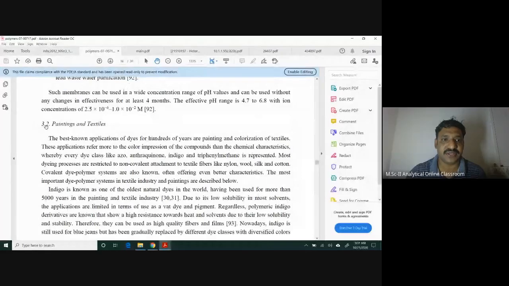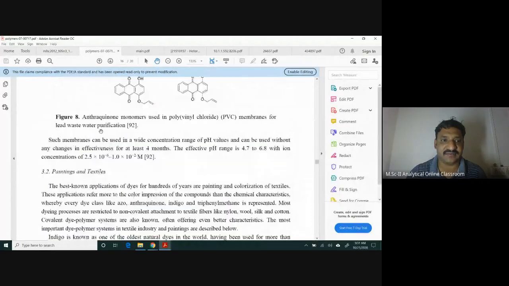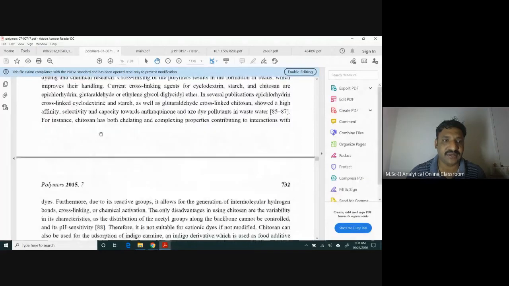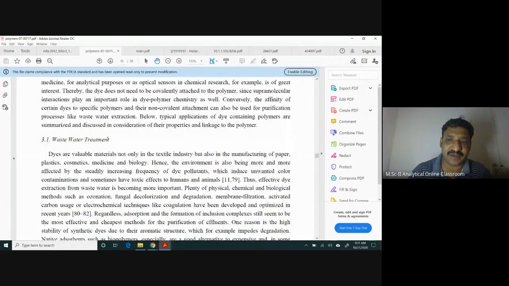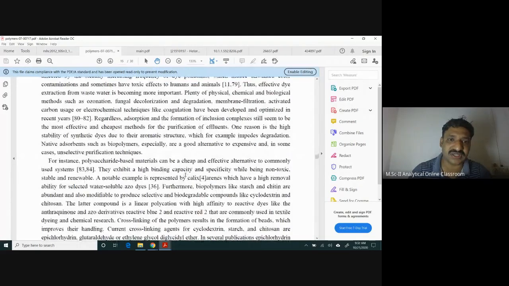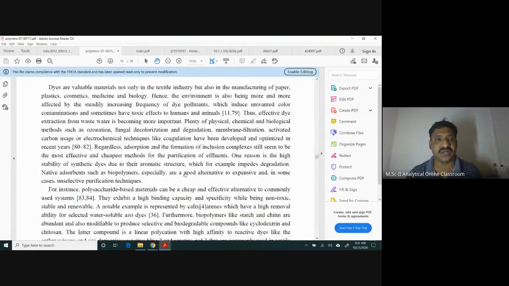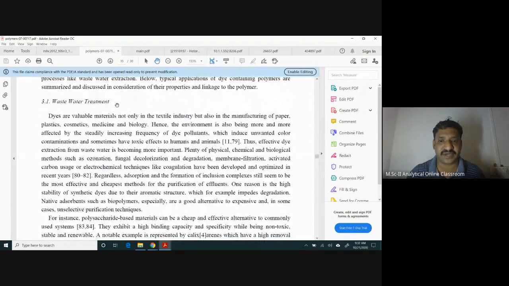Here you see 3.2 painting and textile, and 3.1 is wastewater treatment. So in this paper you have to see wastewater treatment, that is an industrial application, where the dye or paint is used. From this paragraph you have to see why the dye is used for wastewater treatment.